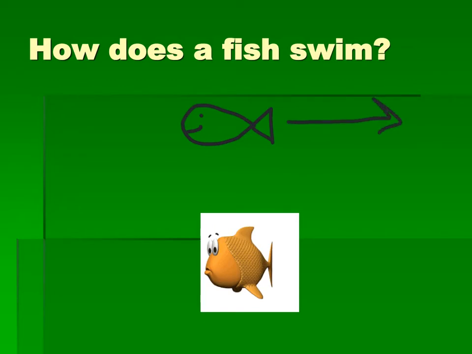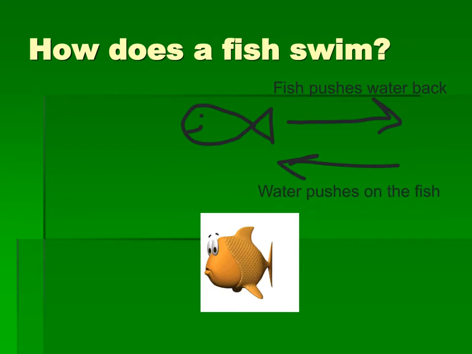So then if that's the action, the fish pushes the water backward, then there is this reaction that is occurring in this direction, and that reaction would then have to be the water pushes on the fish.